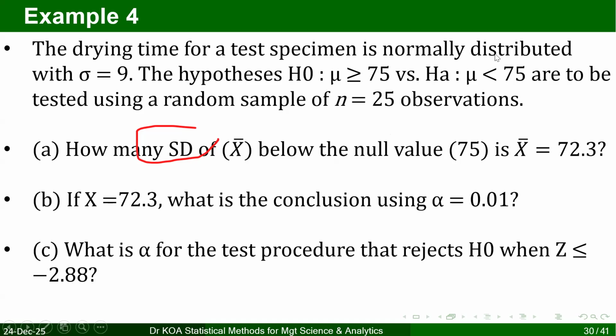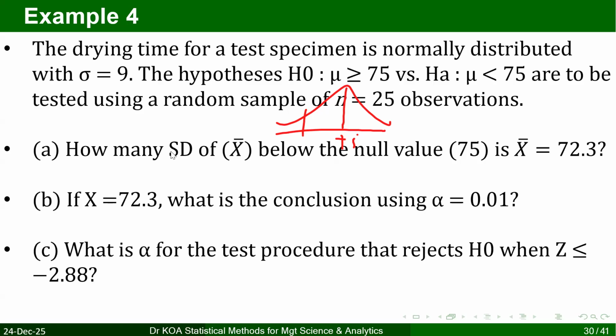Remember, the mean is what? 75. So if you want the standard deviation away from the mean, if you have to draw this thing, this is how it will become. 75 is in the middle. You are looking for 72. 72 is going to be leftward. So the question is how many standard deviations are away from that 72? It's so simple.